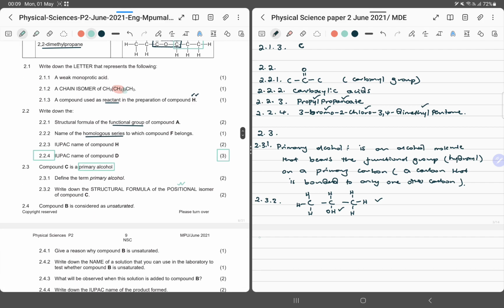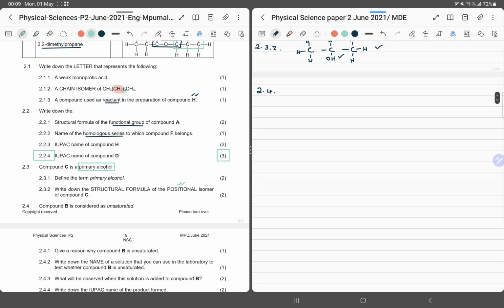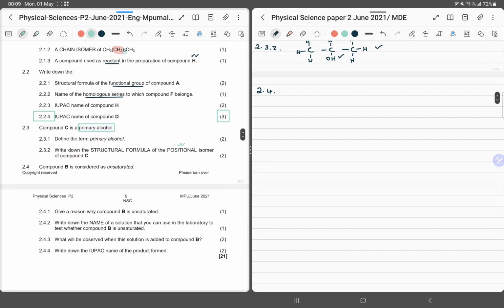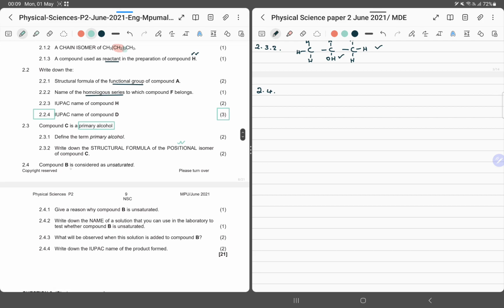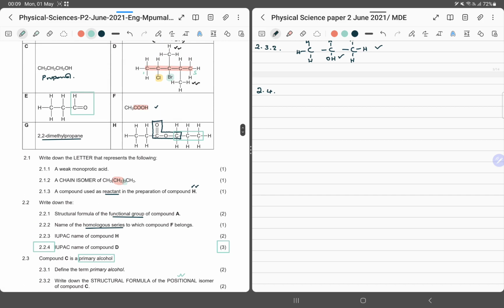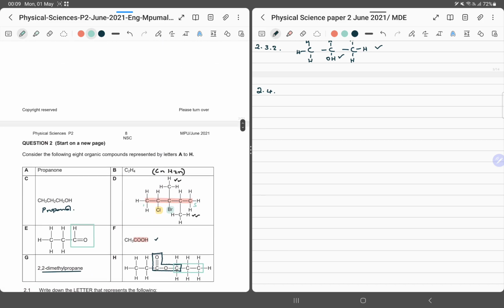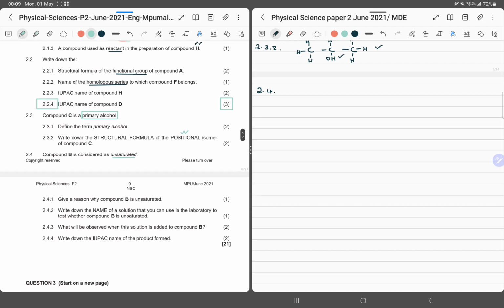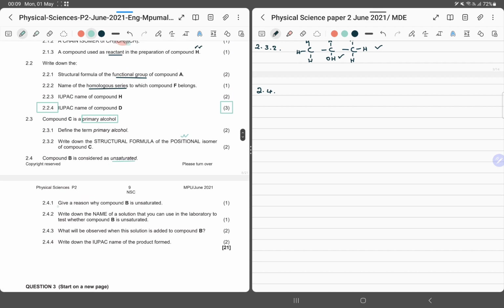So now let's do 2.4. 2.4 says compound B is considered unsaturated. Yes, of course, we could see that it is an alkene. Then it says, give a reason why compound B is unsaturated.